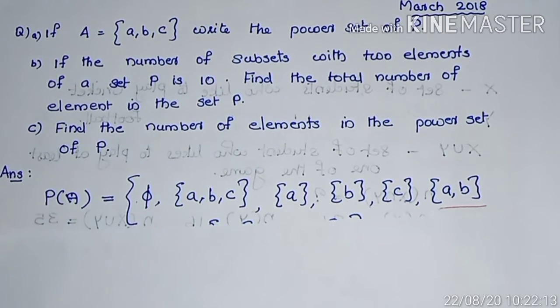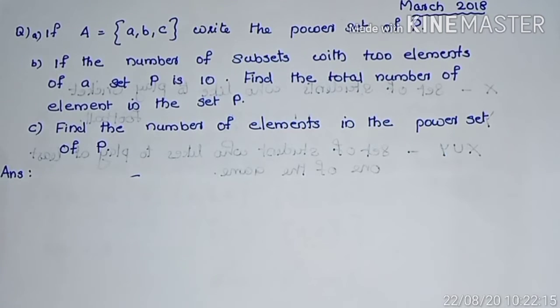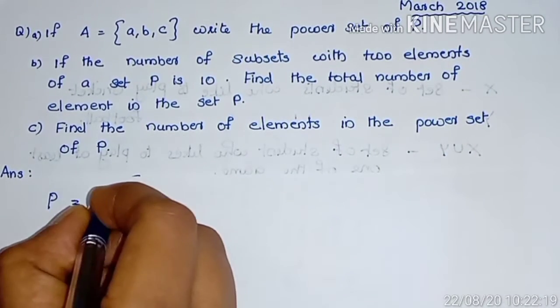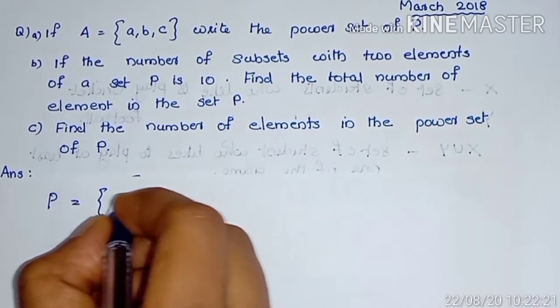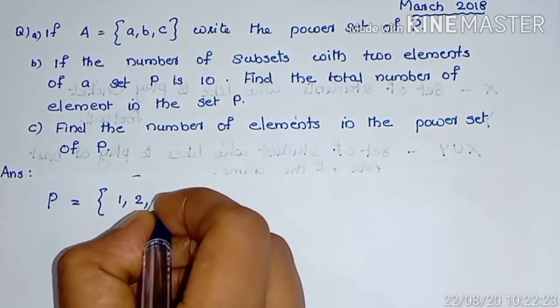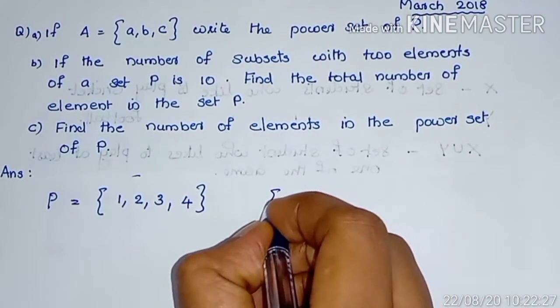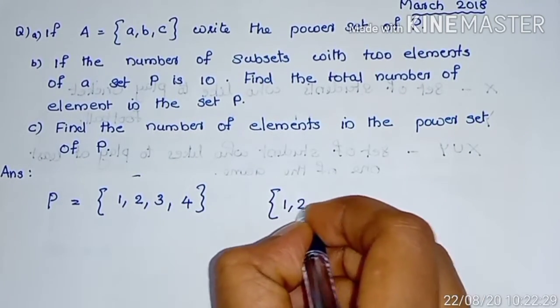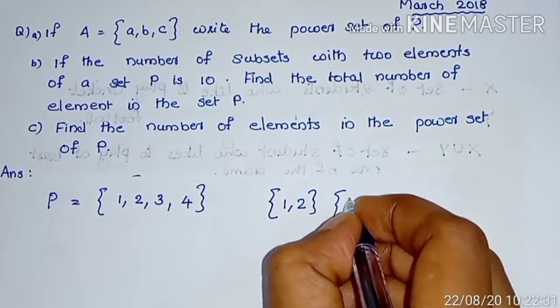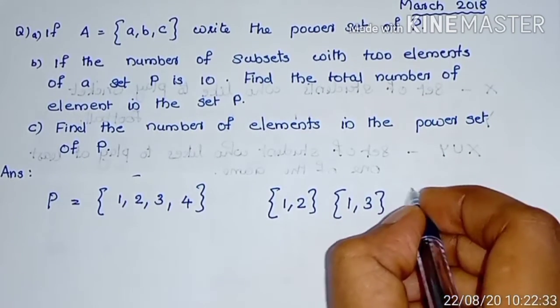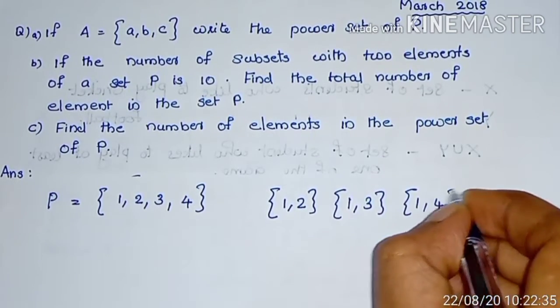Then we take another set with 4 elements. P equal to {1, 2, 3, 4}. 4 elements. Then try all the subsets with 2 elements. {1, 2}, {1, 3}, {1, 4}.